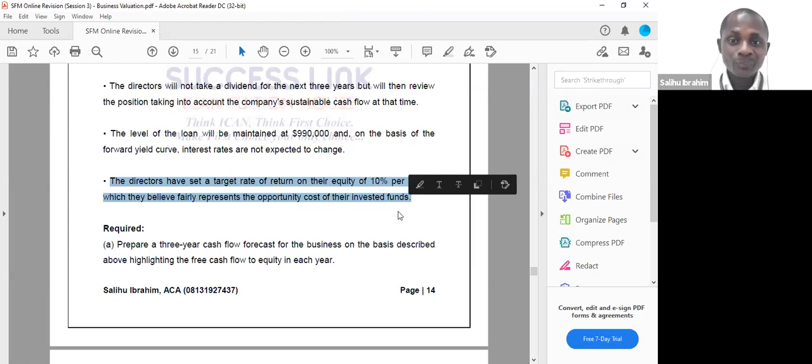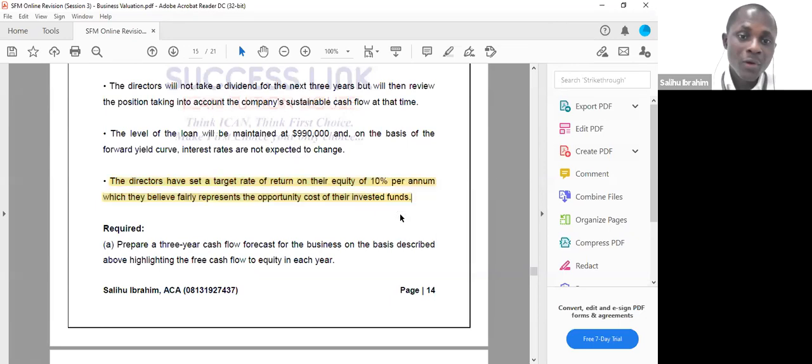This rate will have been computed using the capital asset pricing model, because I don't even know the basis of computation. I'm assuming that it was computed using CAPM. So if CAPM was used to compute this rate of return, then the rate of return will be affected by the assumptions of the CAPM.